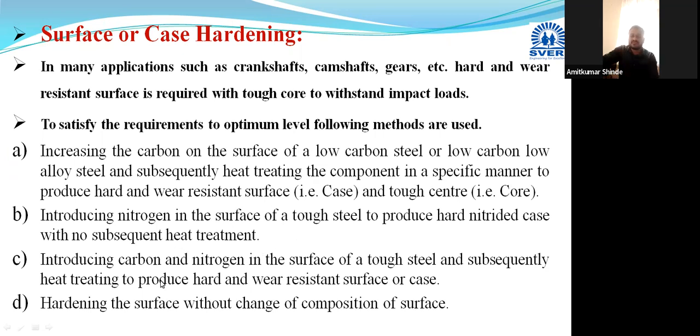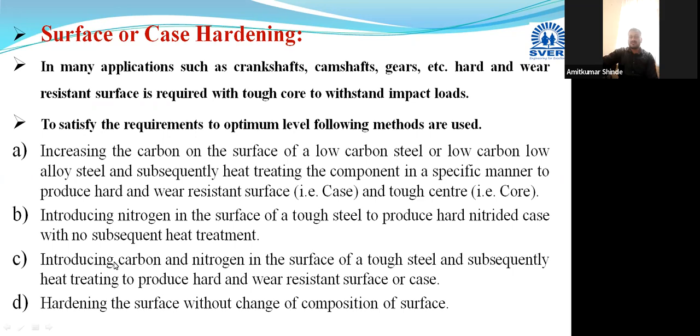Then the third type: we are changing the composition by introduction of carbon and nitrogen. Both carbon and nitrogen are introduced on the surface of tough steel, you can say low carbon steel or low carbon low alloy steel, and subsequently it is followed by a heat treatment process to get the hard and wear resistant surface or case.